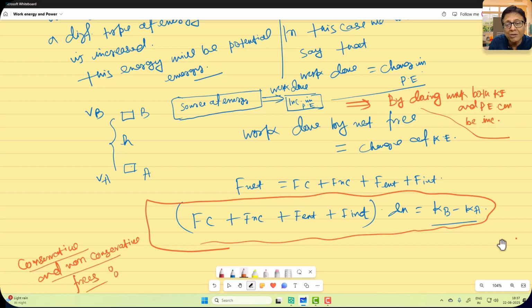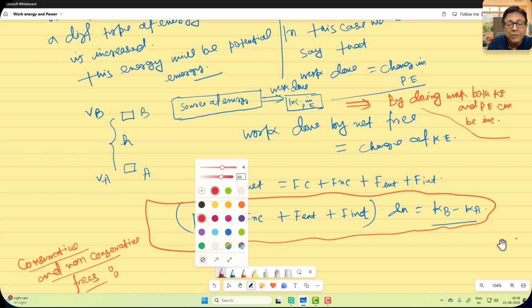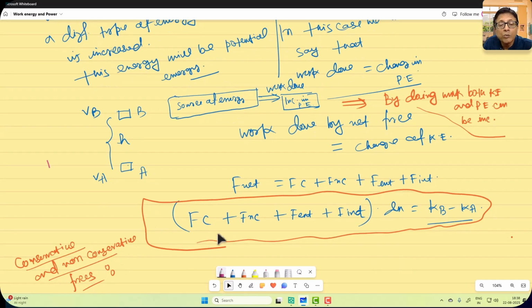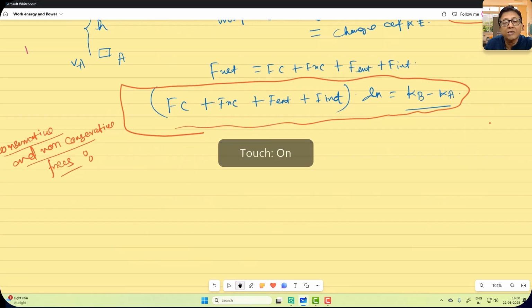We will come back to this equation after finishing the concept of conservative and non-conservative forces. Okay? Because to proceed, we need the concept of conservative, non-conservative, external, internal, that you know. Internal forces in most cases are 0, because they get cancelled. External force is not 0, but conservative, non-conservative, let us know first.